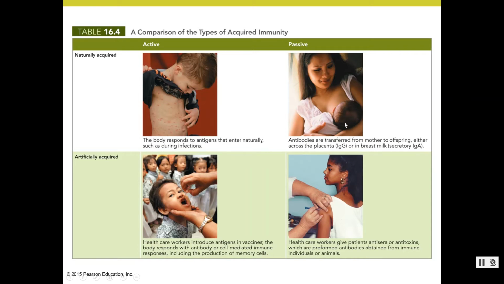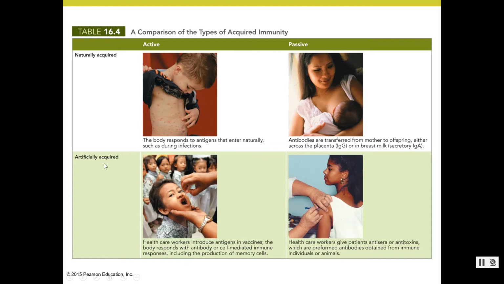So the baby has naturally acquired passive immunity. The baby has antibodies in her system, but they weren't made by her. They were acquired naturally because they were by everyday activities, a mother nursing her baby. And those, if you remember, are the IgA antibodies, maybe IgG, and then a lot of IgA as well that get passed in breast milk.